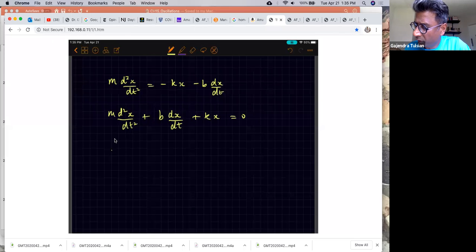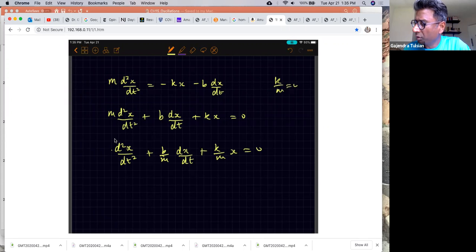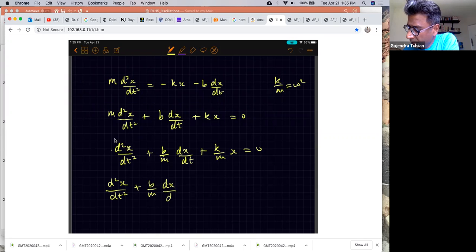We'll divide by m, so d square x by dt square plus b over m dx by dt plus k over m x equal to 0. And k over m was equal to omega square. We had defined it as omega square. So d square x by dt square plus b over m dx by dt plus omega square x equal to 0.